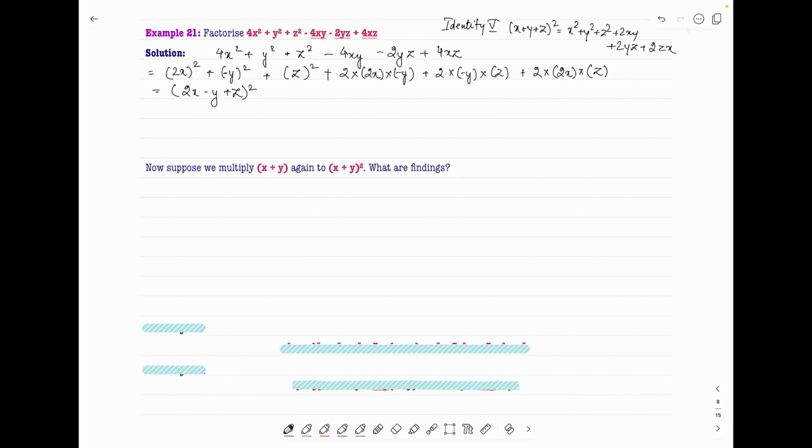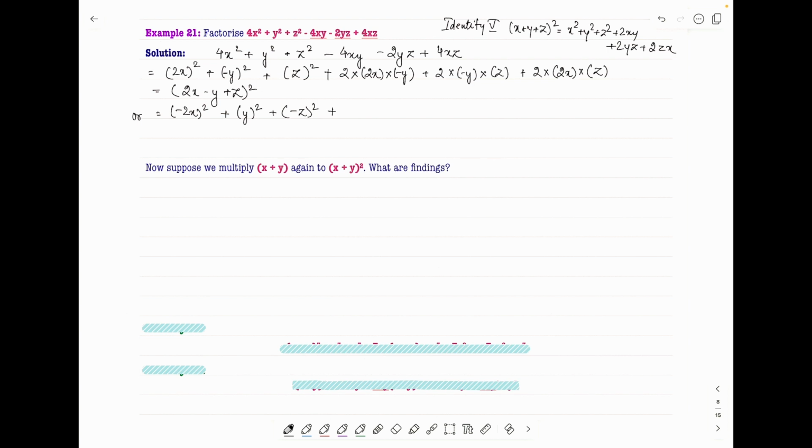Or we can write instead of minus y, minus 2x whole square plus y whole square plus minus z whole square. Both the x and z terms have to be negative, so that this one becomes positive. So I can write minus 2x plus y minus z.